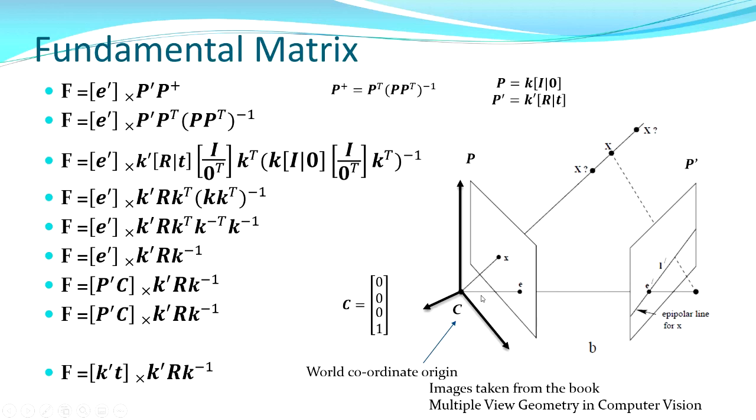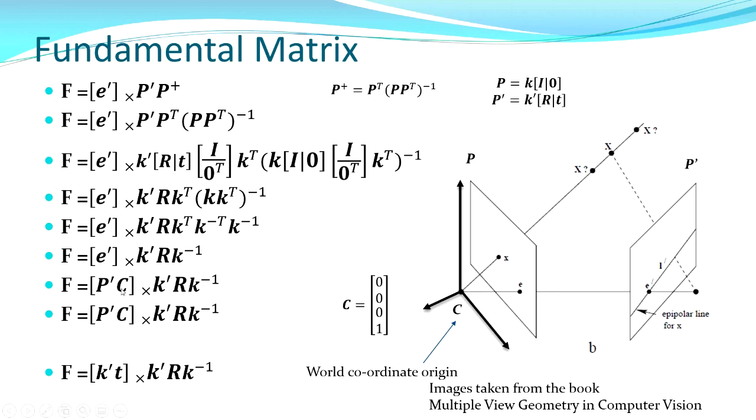So this thing can be written like this. I am projecting C, so this is C, onto this camera, which is given by P dash. So I can write the epipole e dash as P dash C. I hope this is clear. It's quite straightforward. I'm just projecting this point on this image, and that is my epipole.